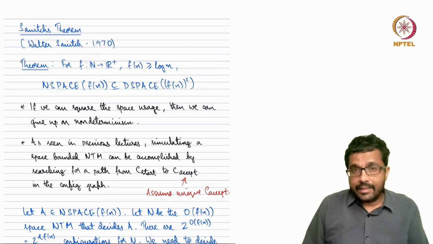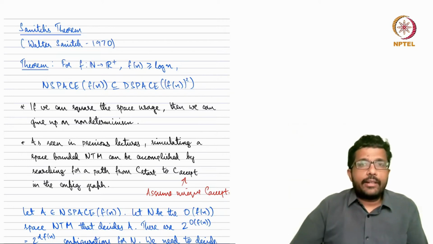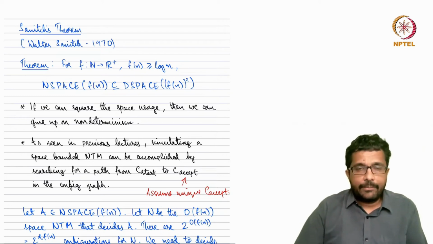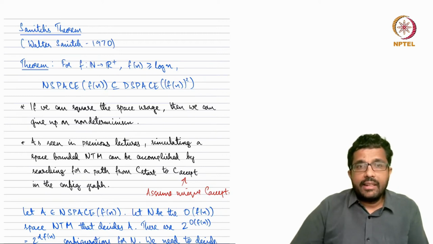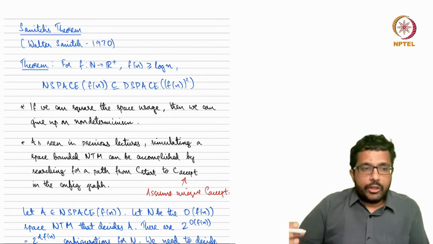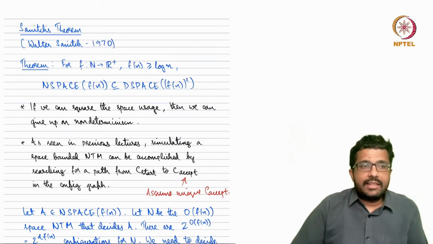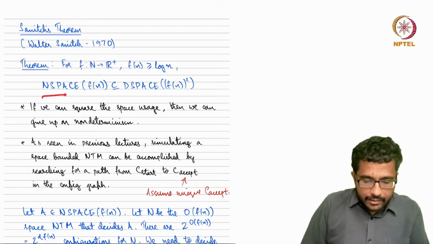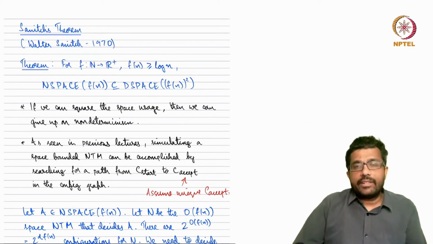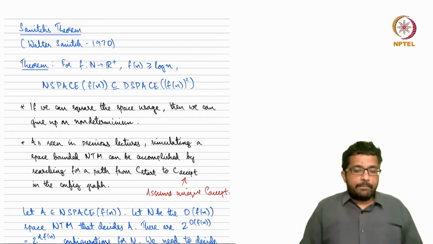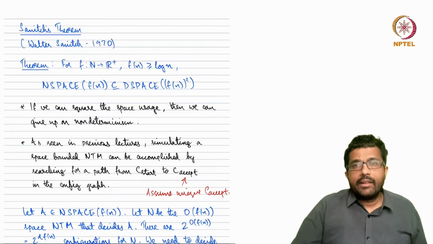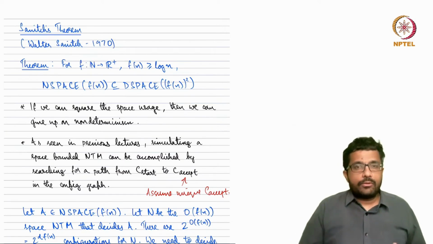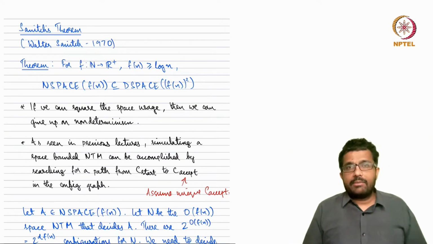It's a kind of surprising result, especially when we look at it from the perspective of what we saw in time complexity. For instance, SAT was in non-deterministic linear time. If you have a non-deterministic Turing machine that runs in linear time, you could decide, let's say, 3SAT. If we had a similar result, NTIME(f(n)) contained in DTIME(f(n) squared), such a result does not exist. If it did, this would imply that SAT is decidable in order n squared time, which would be a huge thing, but that is not the case.